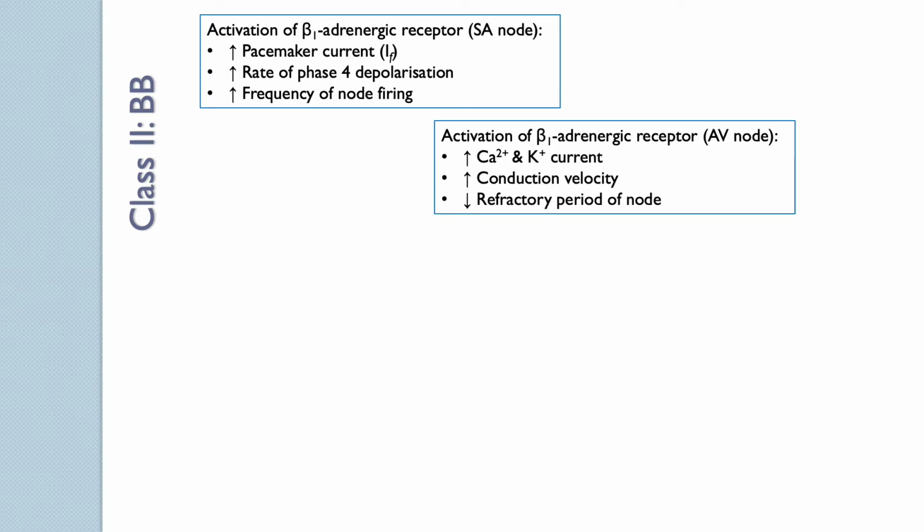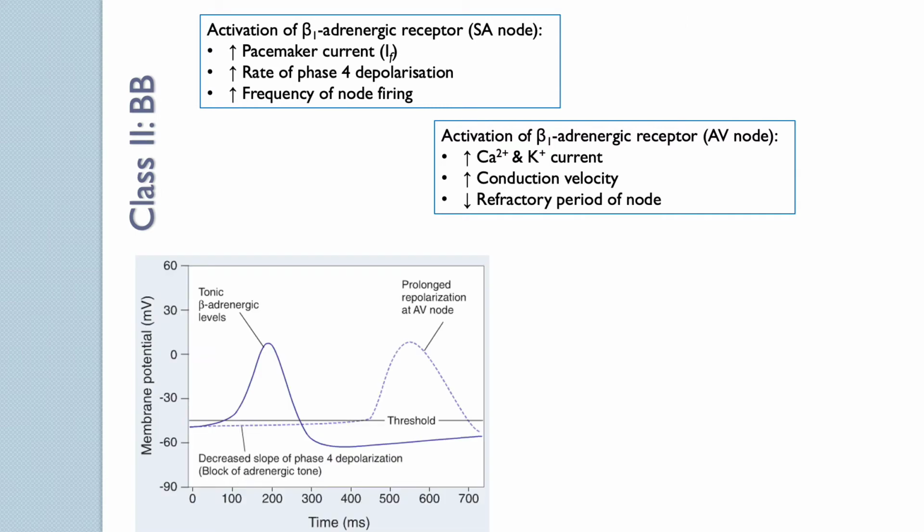There are also beta adrenoceptors at the AV node, whereby it controls the conduction velocity by indirectly influencing the calcium and potassium channel current. Therefore it influences the refractory period of the node. So if you apply a beta blocker, it has the reverse effect of the function of beta 1 adrenoceptors as mentioned earlier on.